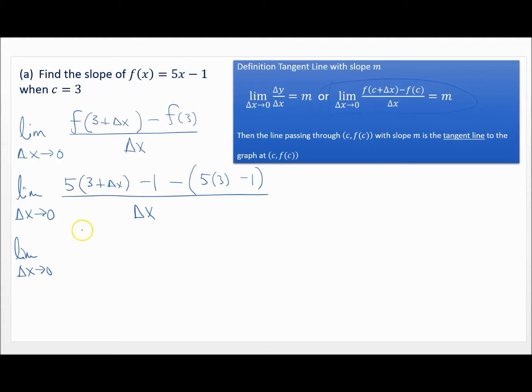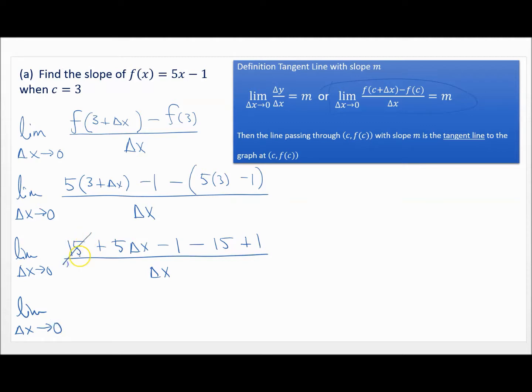In the numerator, I have 15 plus 5 delta x minus 1 minus 15. You could go and say that's 14. That's probably the smarter thing to do, but I'm just going to distribute. That's plus 1, which of course is minus 14 over delta x. I'm going to add like terms. The limit as delta x approaches 0.